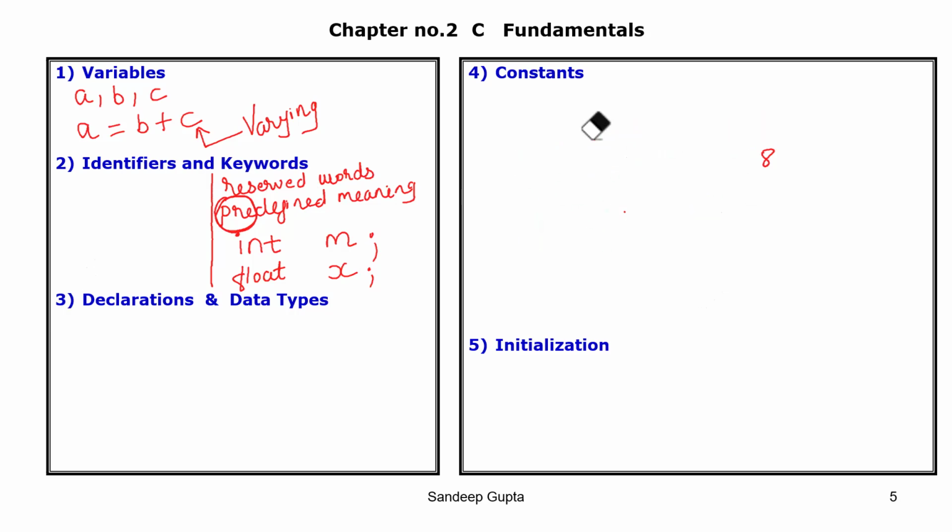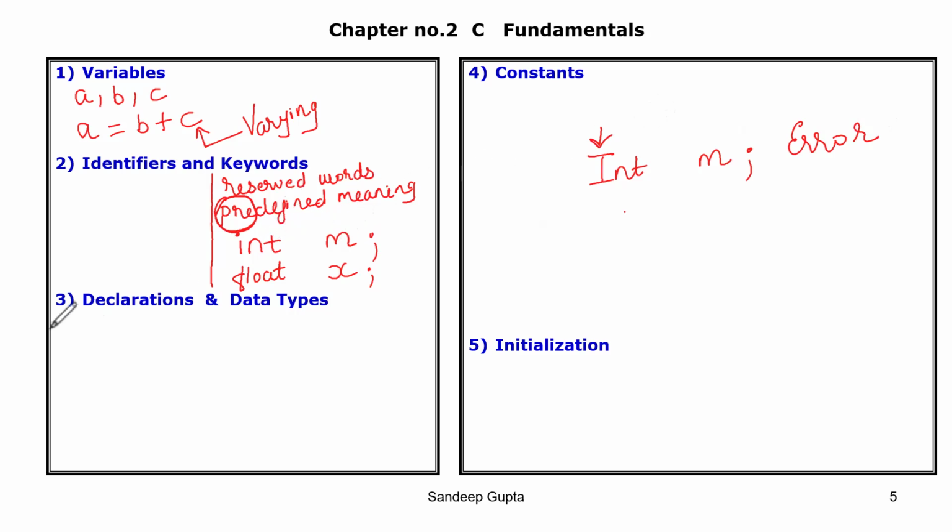Let's say I write a statement like this, Int space m, with a capital I. If you write this statement, the compiler will report an error because there is no keyword Int where I is capital. So this is wrong and this is correct.